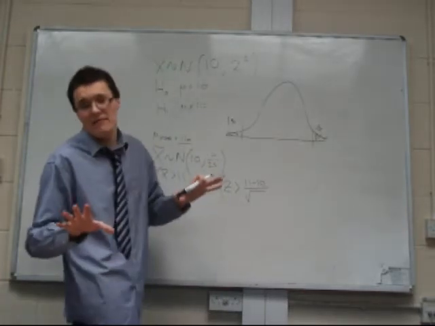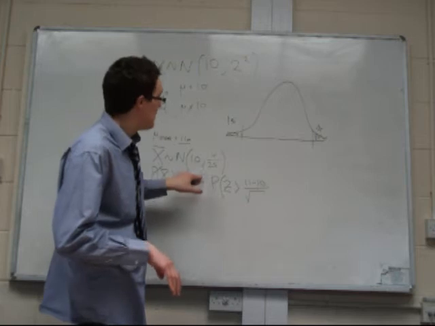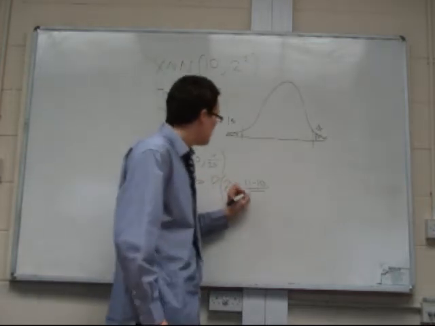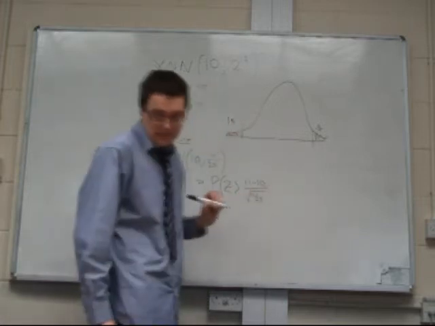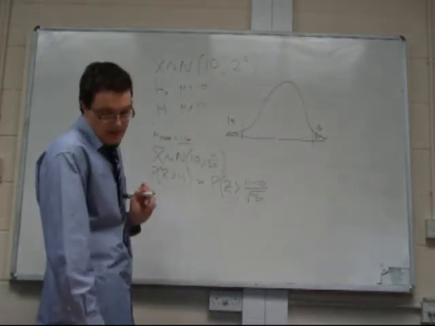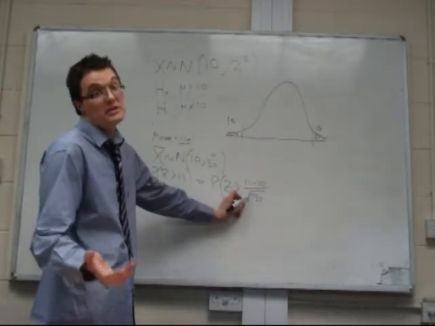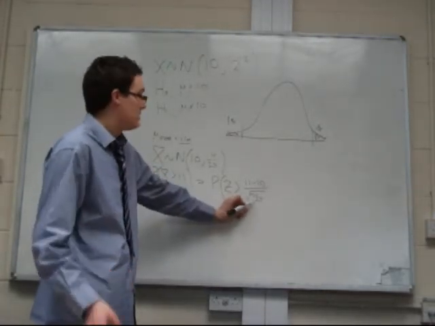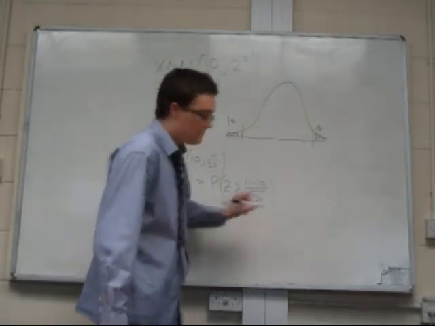As the variance is the standard deviation squared, we have to square root this. So it's the square root of 4 over 25. You can square root the top, square root the bottom. That's just going to be 2 over 5. Quite a nice number there.